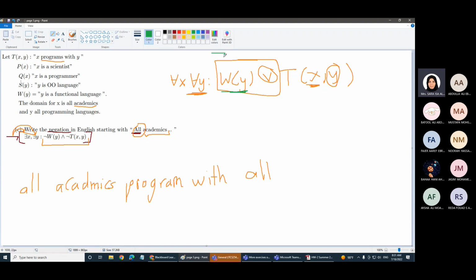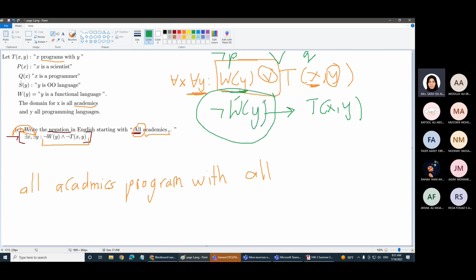So I will assume that this is a negation of a premise or in conclusion. فبحولها إلى implies بحط TXY هني مثل ما هي بجيب النيجيشن مالتها not WY. Now I can use this as an adjective. فبقول له all academic program with all non-functional languages. ليش non؟ لأن فيها negation.